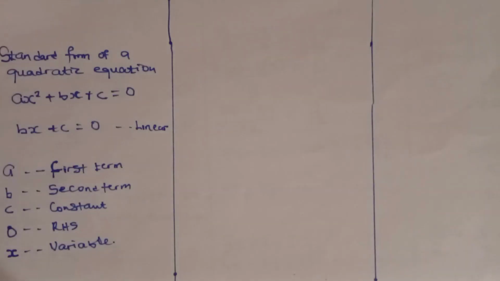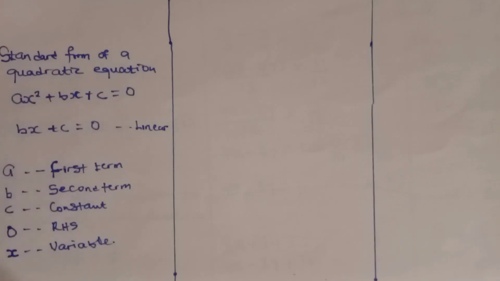There are conventional namings for a, b, c, the right hand side, and x, but I'm going to make it short and concise. I call a the first term, b the second term, and c the constant.